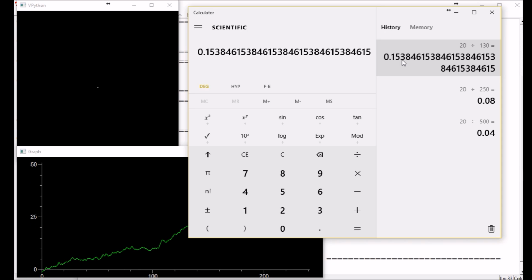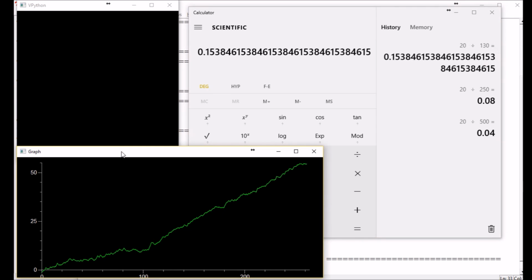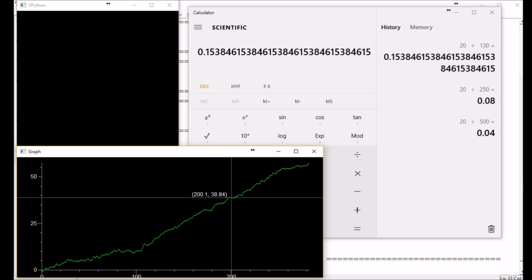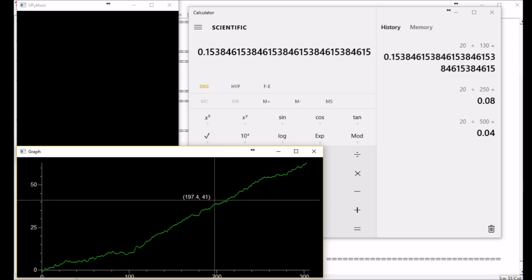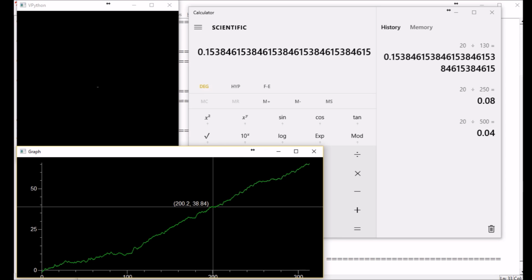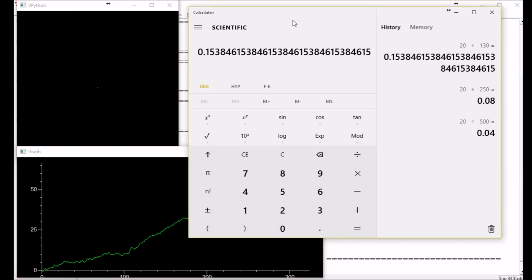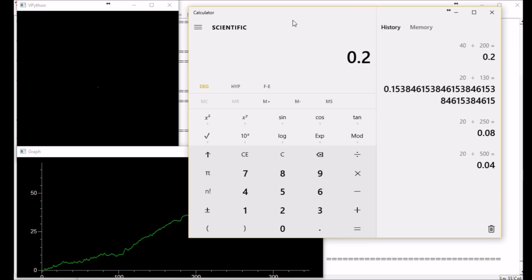That makes it faster. Am I taking the right thing there? Alright, let's try that again. Let's try 40 divided by 200. There we go. I think I put in the wrong number. 40 divided by 200 is 0.2.